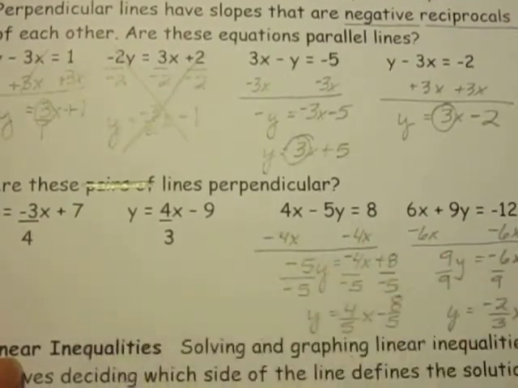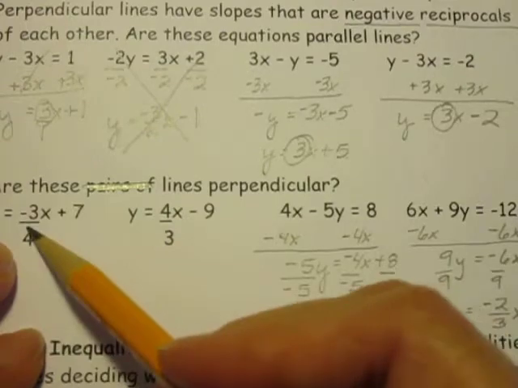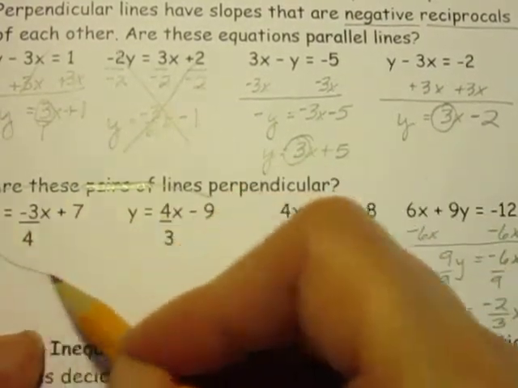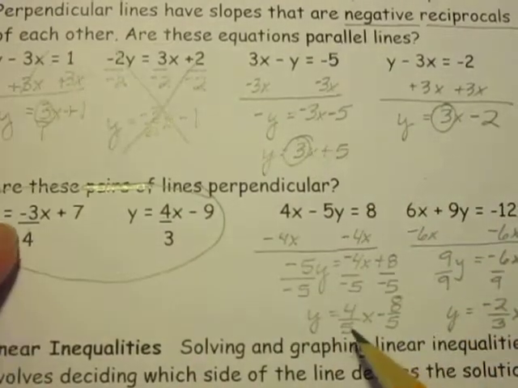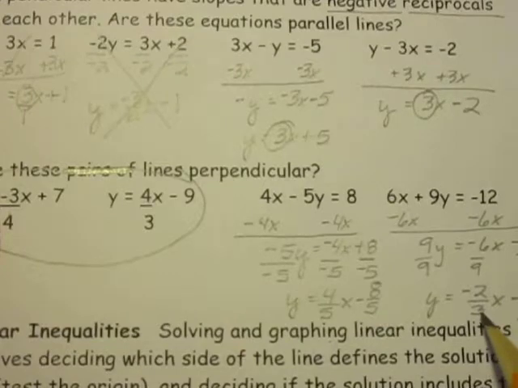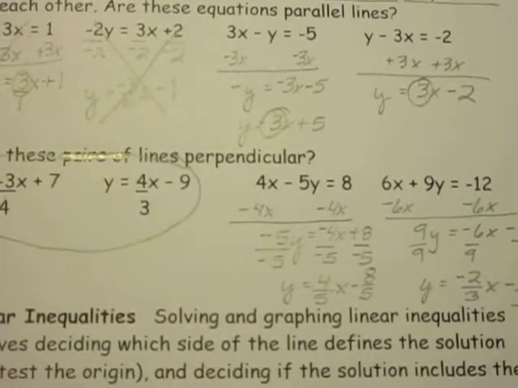So I went through all of the work of getting them in y equals mx plus b format. So now I'm looking at my slopes, and I can see that these have different signs and they are the flip of each other. So I know these two are perpendicular, but none of the others have that complete pattern. We might have a change of signs, but we do not have all of what we need.